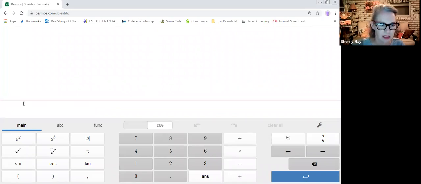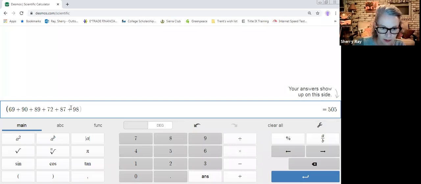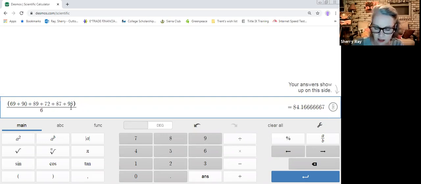I'm going to type in parentheses, I need parentheses around 69 plus 90 plus 89 plus 72 plus 87 and 98. Clear my parentheses. It looks like I need to divide this by 6.